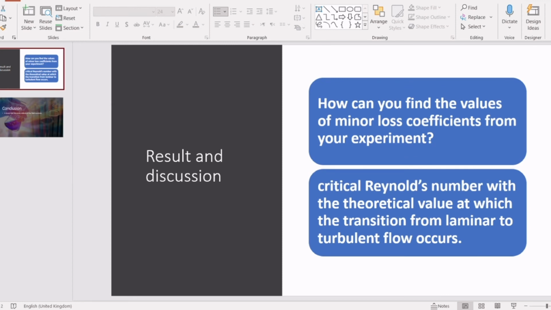Minor loss in pipe flow plays a significant role in estimating flow pressure and energy reduction in a piping system because of the forces acting on it, such as friction and gravity. Liquid flowing through pipes has momentum and energy.